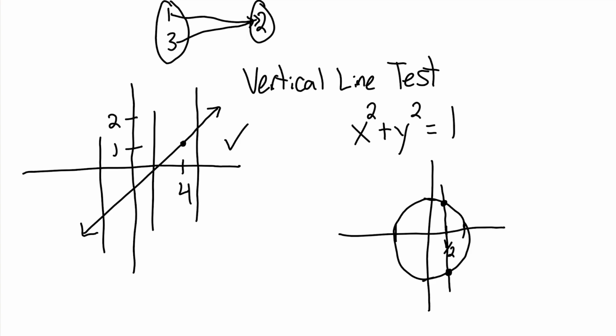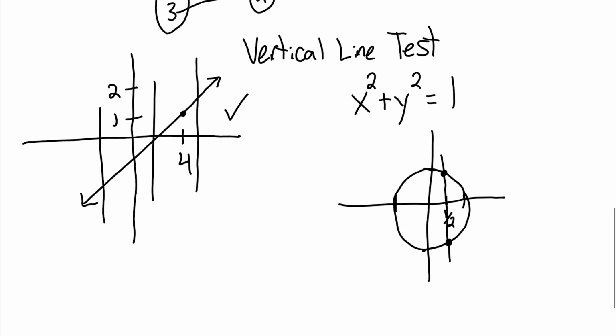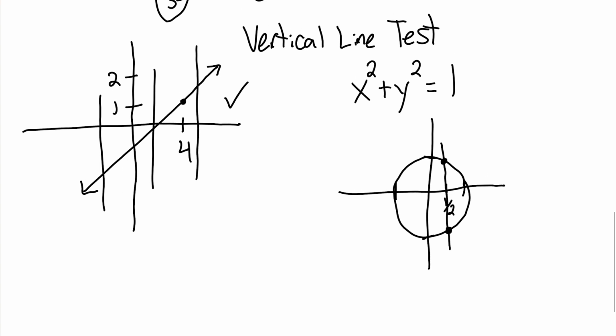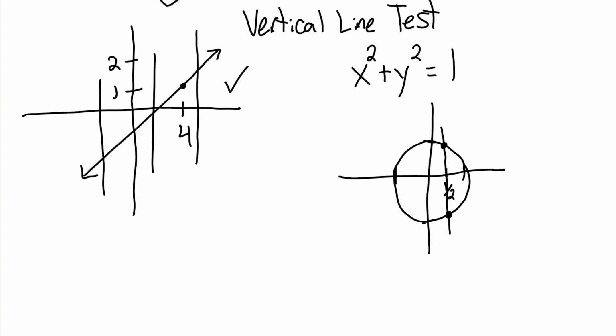And this is easy enough to see if we actually plug it into the equation too, if we know what happens when we take the square root of a number. So we can see this algebraically as well. So if we plug in 1/2 for x and see what the corresponding y is, 1/2 squared is 1/4.